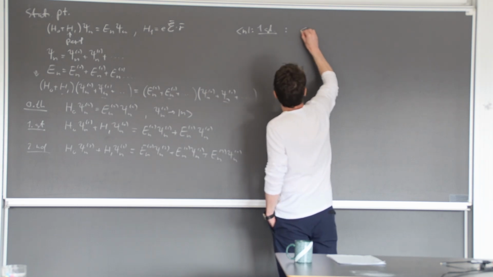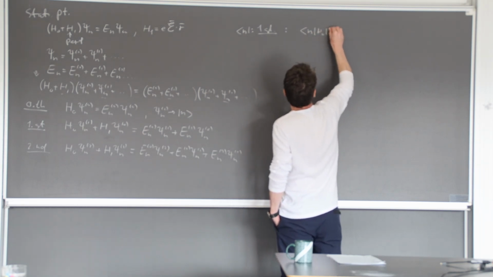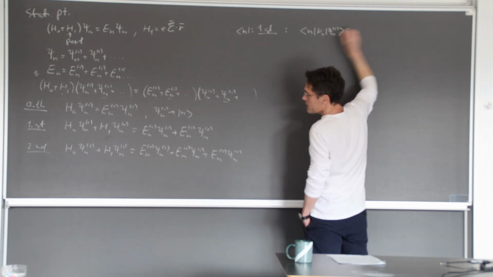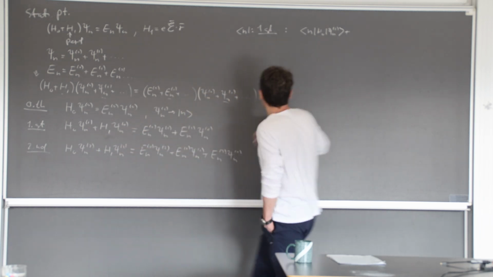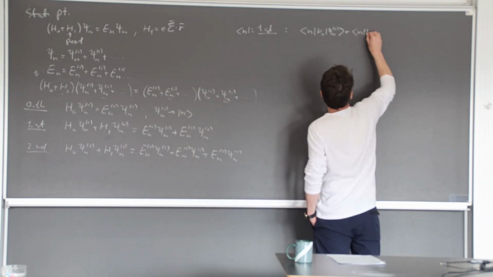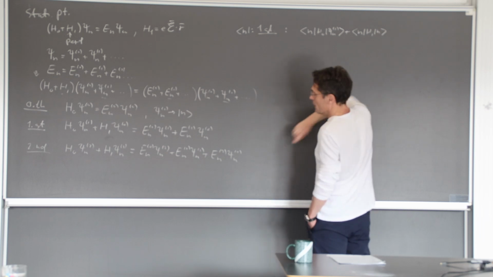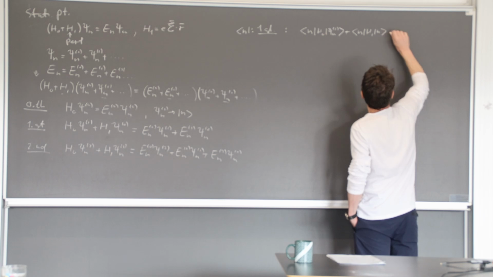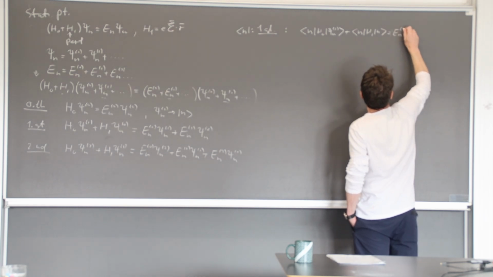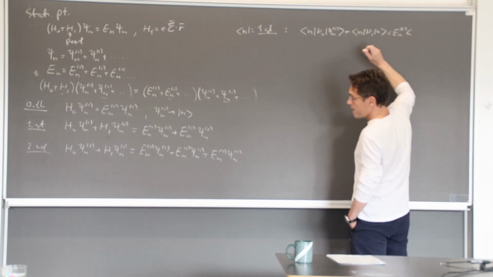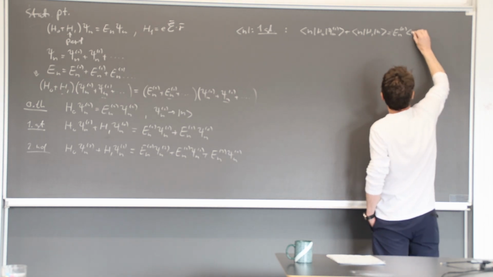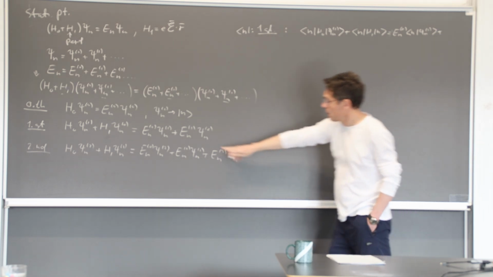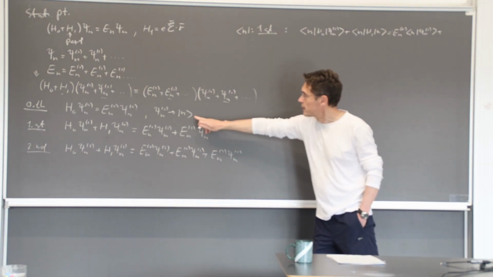So I get my n h0 1 plus, so that's this term here, plus this next term, which I'll write like this. Over here I get this. And then this term here, and of course we assume that these are orthogonal.